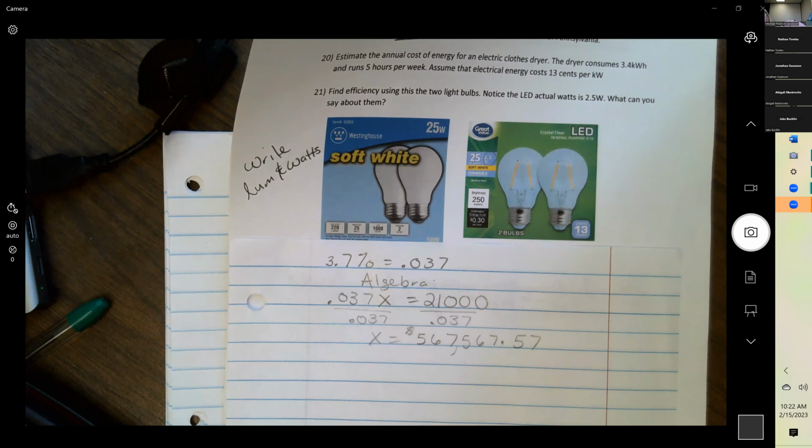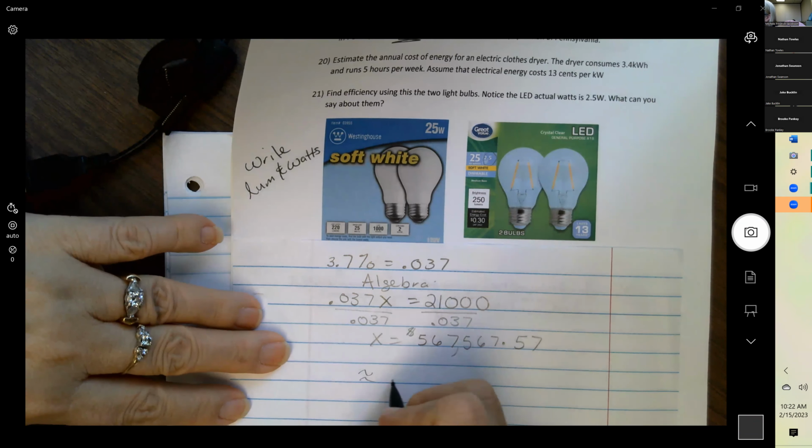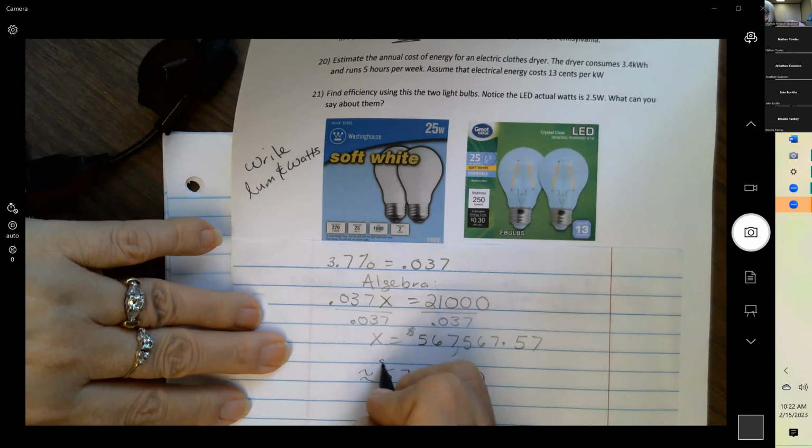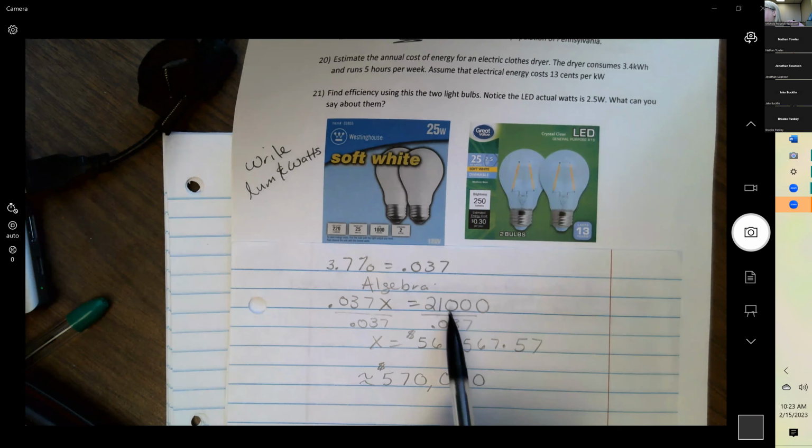So you need $567,567.57. Or you could say approximately $570,000. So she needs $570,000 in the account so that she can take 21,000 out every year.